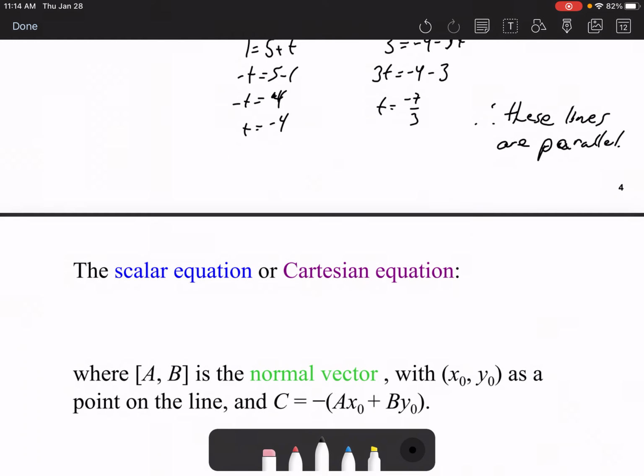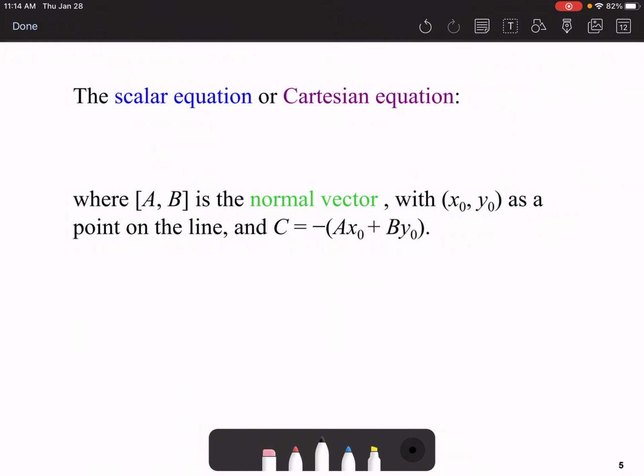Let's try another item. Well, this can be kind of disconcerting that we have multiple different equations for the same line. So another way to describe a line, let me draw a line again, is to describe a line based on its normal.